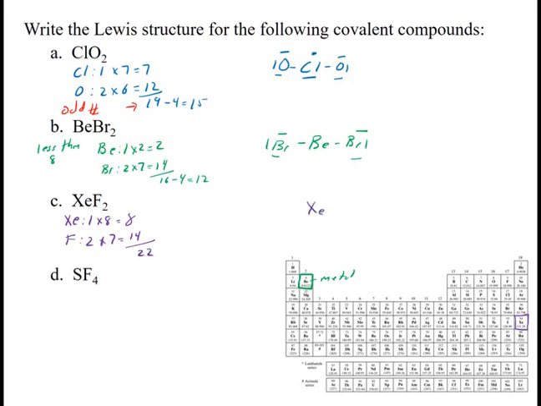Xenon goes in the center with a fluorine on either side. Okay, so I used up 4, leaving me 18. So I go 2, 4, 6, 8, 10, 12. That still leaves me 6 electrons. Where do those 6 electrons go? Well, this fluorine sees 8, this fluorine sees 8. So the answer is on the central atom, but not shown as a bond.